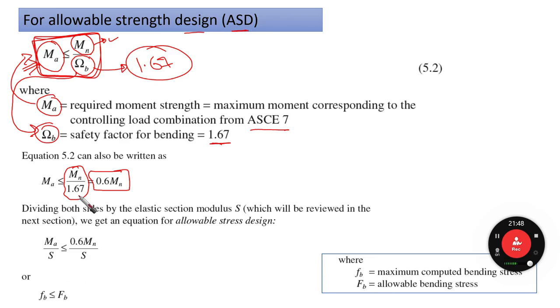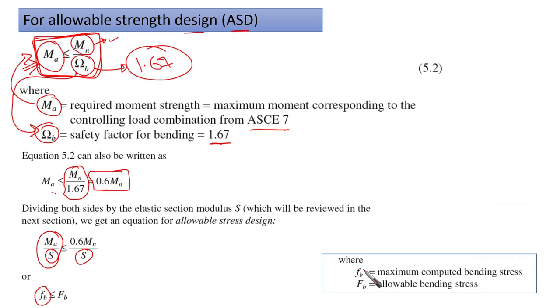And if we divide the two sides by the elastic section modulus, then on the left hand side we have fb, which is the maximum computed bending stress, and the capital Fb on the right hand side is the allowable bending stress.